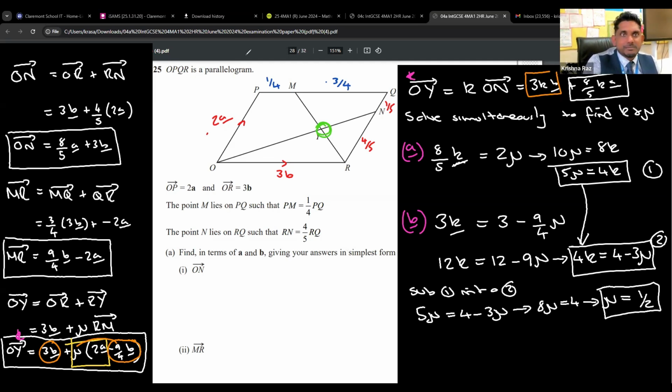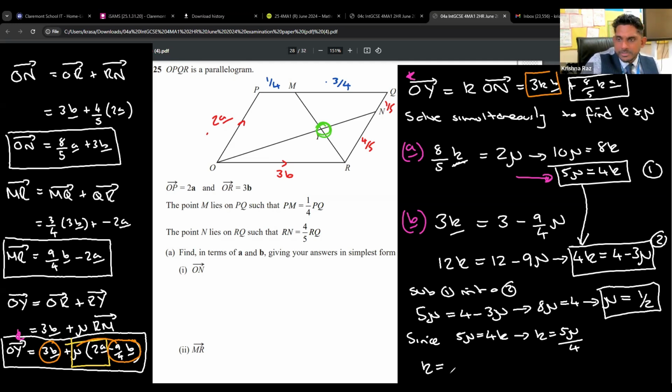And now we just sub mu is a half back into here. So if 5 mu equals 4K, K must be equal to 5 mu divided by 4.